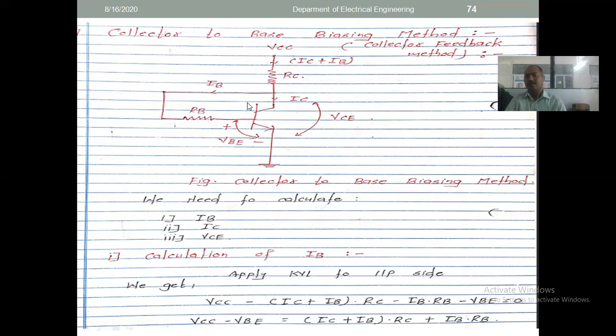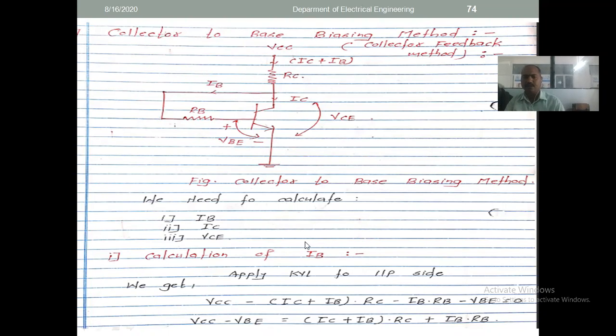In the same configuration, we have to calculate three things, same as in the earlier configuration: one is IB, another is IC, and the third is VC. When an exam question is asked on this point, for example, derive the equation of the collector to base biasing method and explain, in that case you have to write down only the mathematical analysis, no need for the theory part, in a theory exam.